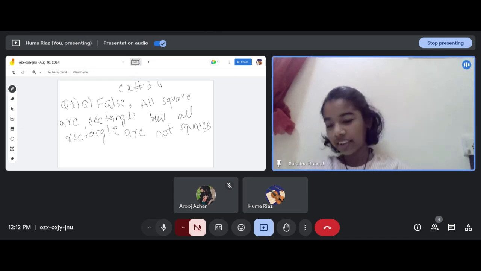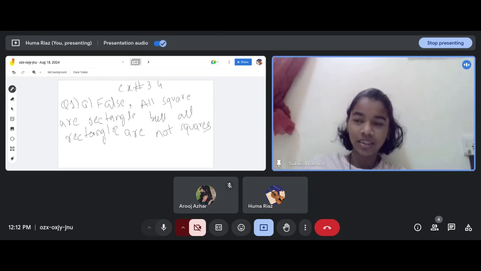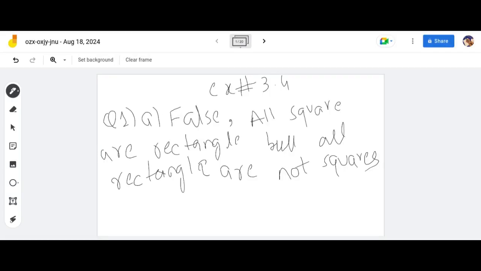We don't write definitions for true statements in exams, but for false statements we do. So for part B, write true. Next, all squares are rhombuses and also rectangles. True. Yes, C is also true.